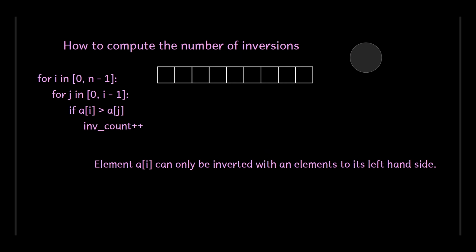And there is another reason for adding this restriction, because suppose this element is j, if you want it to be inverted with elements on the right hand side as well as on the left hand side, this makes things very complex, because you are being inverted with elements you have not even seen.